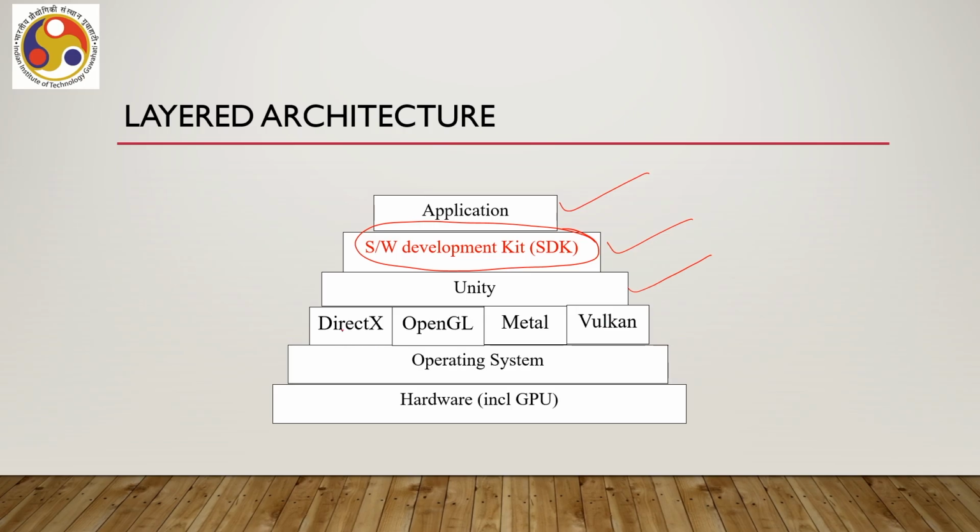Below Unity, Unity takes support of libraries such as DirectX, OpenGL, Metal or Vulkan. Below that we have the operating system and then the hardware including the GPU support. So, earlier we talked about the support provided by Unity. Let us see what we need to do for other software development kits.